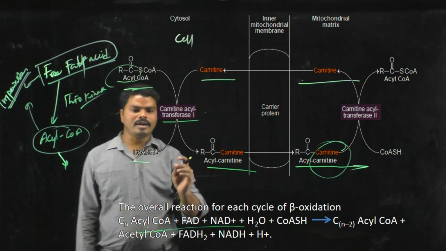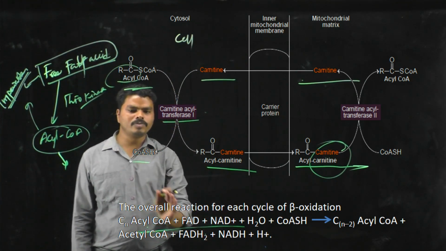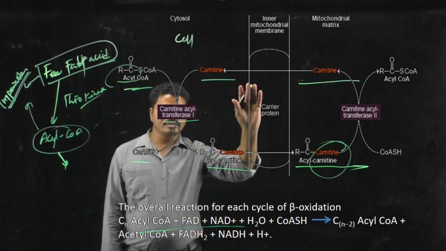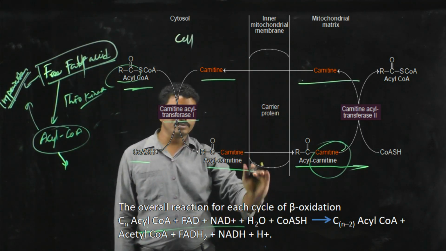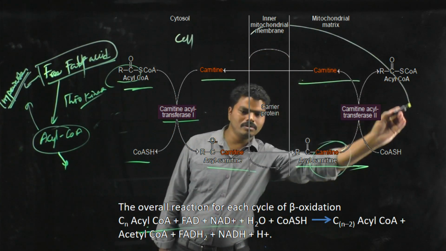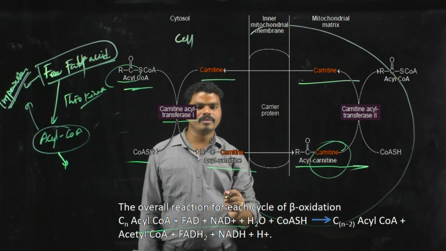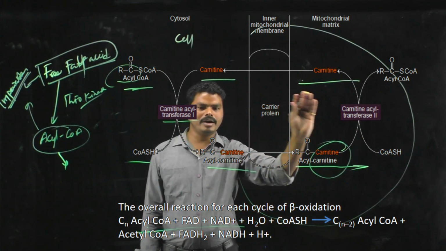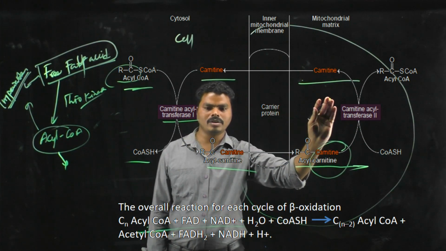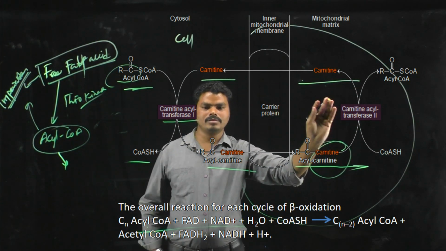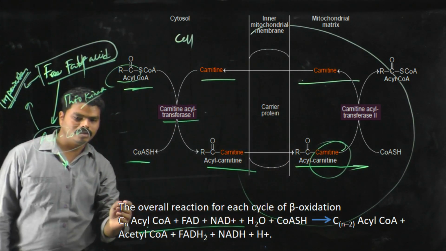Understood? After transfer of the acyl group to the carnitine, here it is the mitochondria membrane. This one is considered as the mitochondria, this is the membrane of mitochondria, and this is the inner cytosol of mitochondria. We have seen that cell structure.